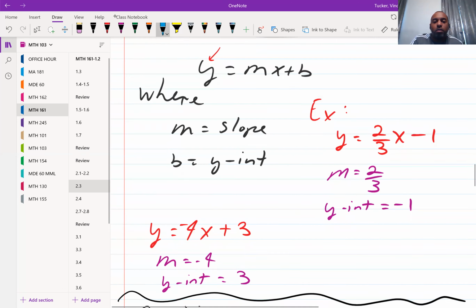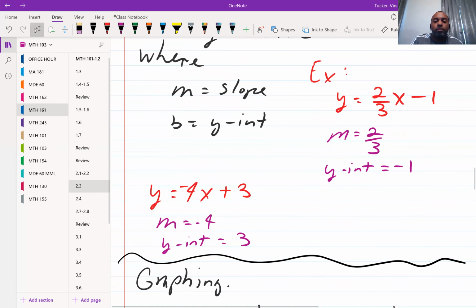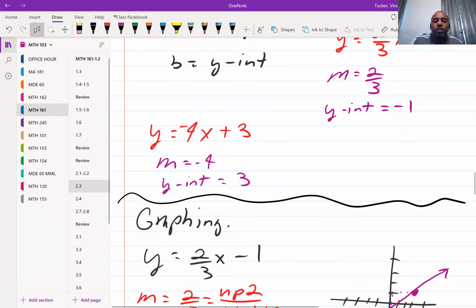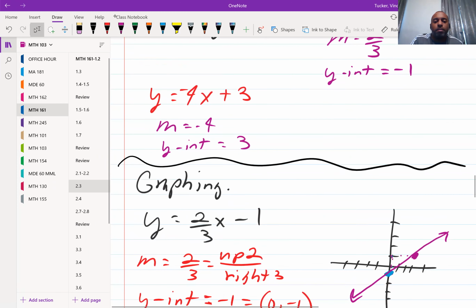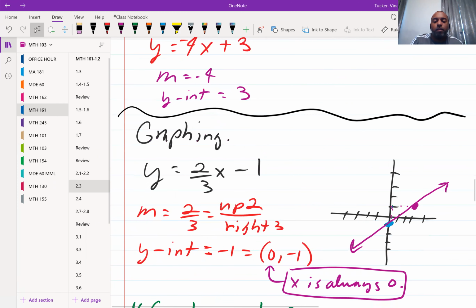All right, can I scroll up? So let's look at graphing y equal to 2/3 x minus 1. We already established that 2/3 is my slope and -1 is the y-intercept. So if 2/3 is the slope, that's a +2 over +3.